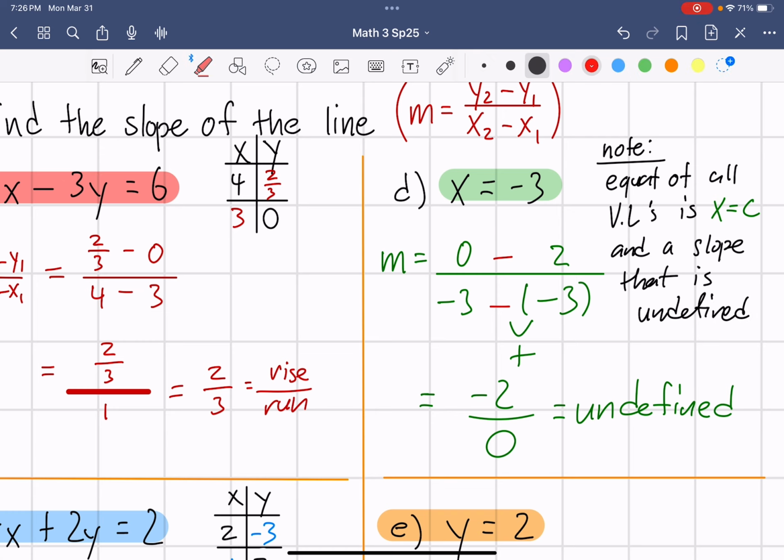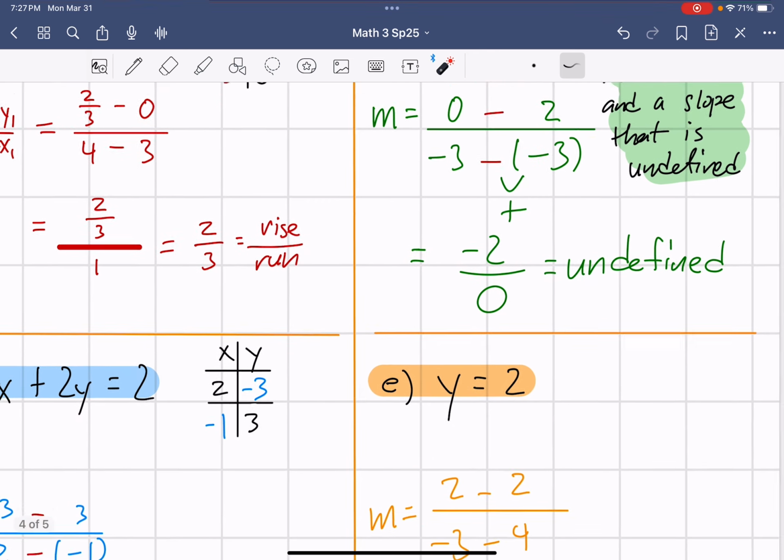So you want to remember that. We're going to use this idea again later on when we talk about rational functions, because rational functions are going to come across this idea of getting 0 in your denominator. And then we'll talk about how that looks, and knowing that when x gives you a constant, you're dealing with a vertical line.